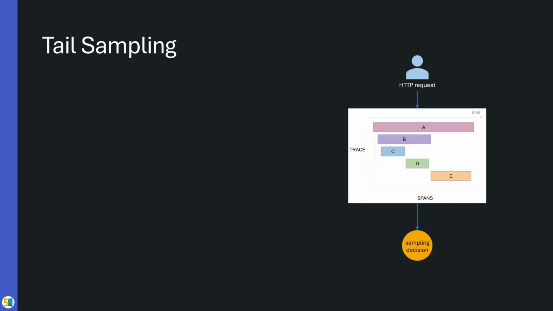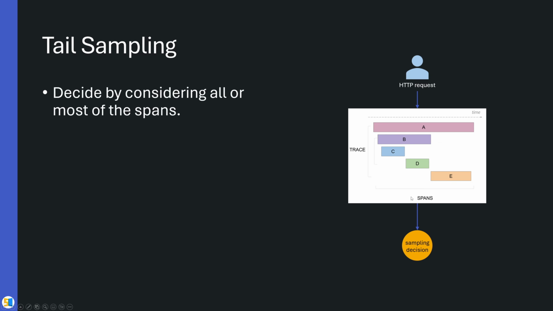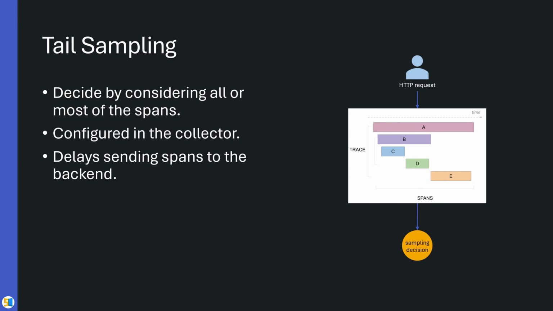And the other technique, which is the opposite, is tail sampling, where the sampling decision is made after the creation of spans. So the decision is made by considering all or most of the spans. To do this, you need to configure it in the collector; you need to have the OpenTelemetry Collector for this.